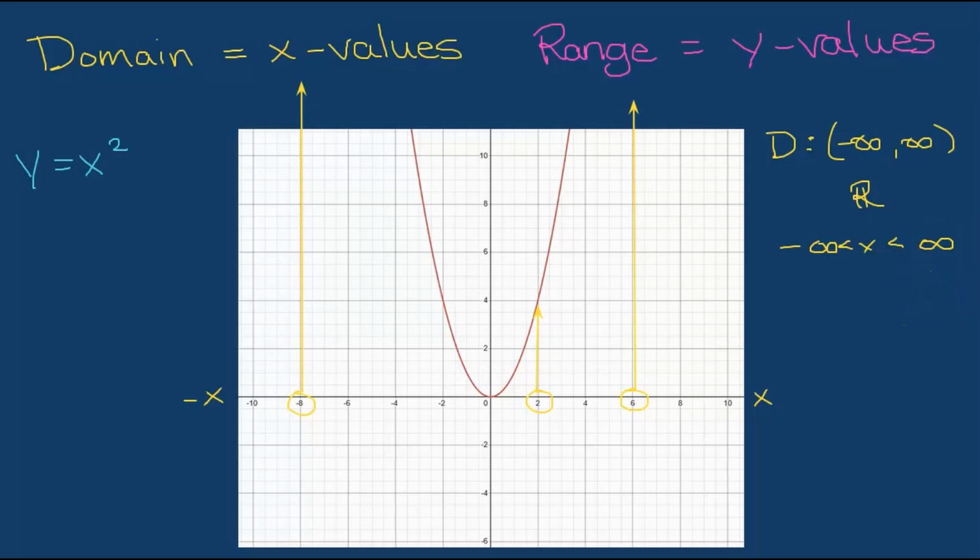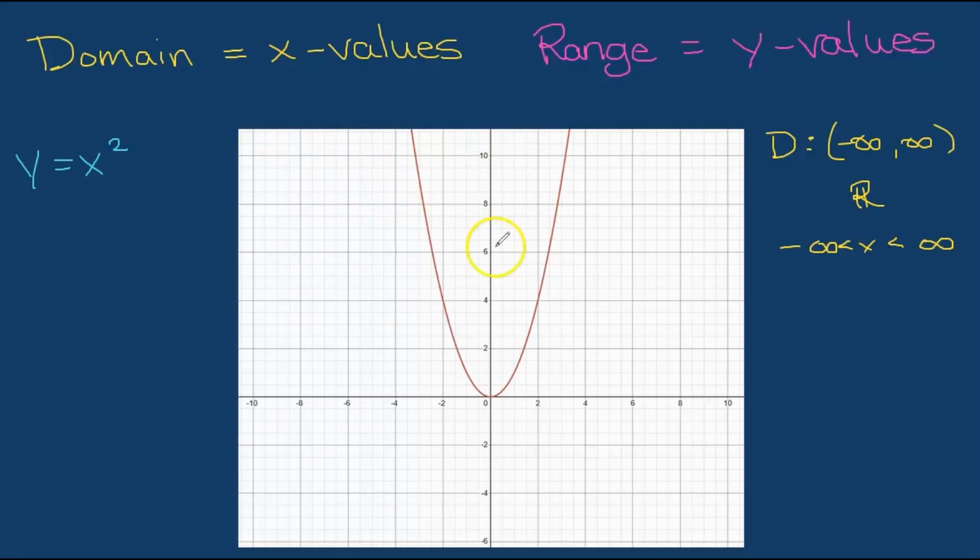Now let's talk about range. So we're going to clear our work with domain, and we're going to look at all of the y values that will hit the function.